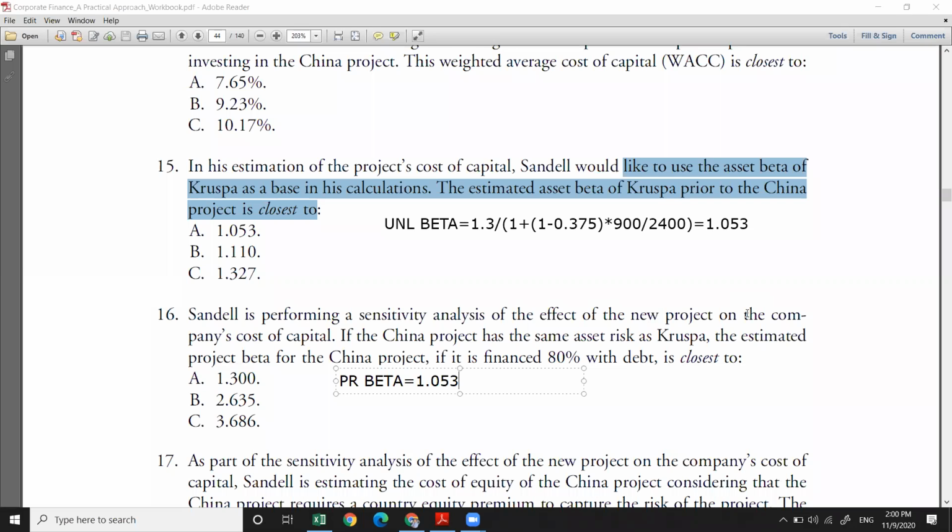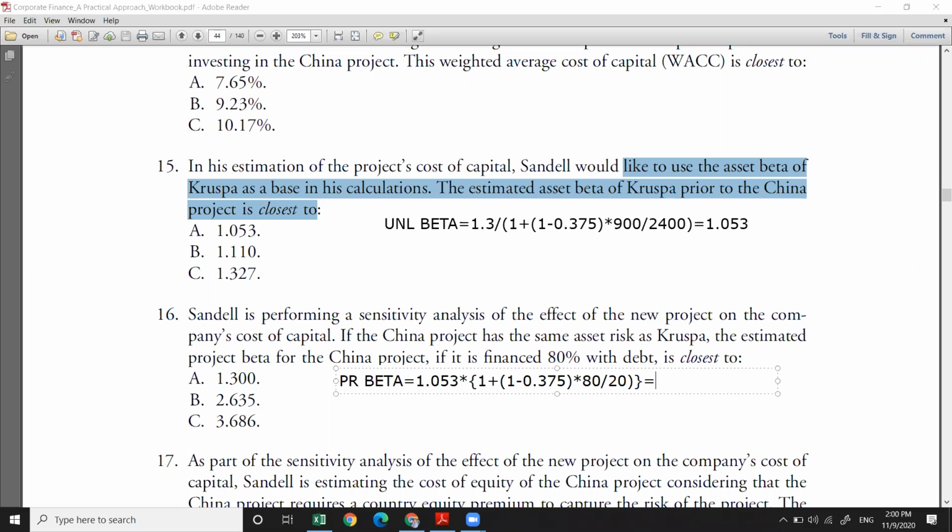So 1.053 times 1 plus the tax term, 1 minus 0.375, multiplied by 80 divided by 20, which gives you the debt equity ratio directly.